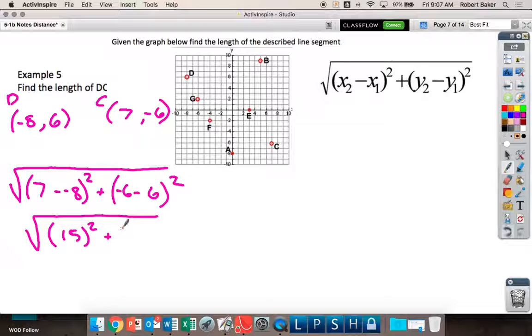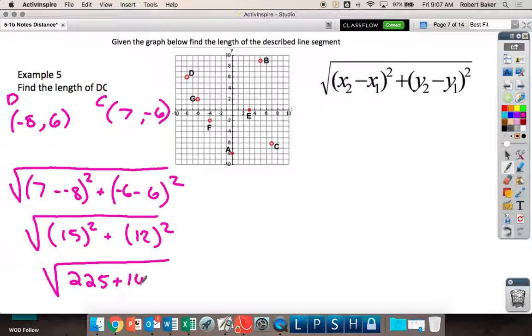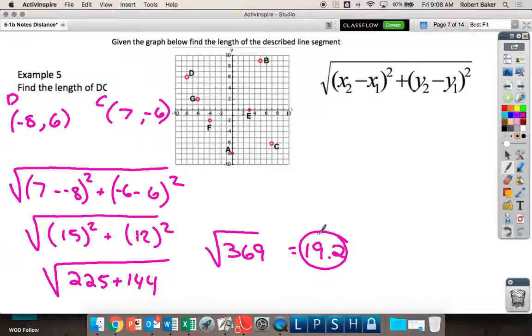Negative 6 minus 6 is 12. 225 plus 144, which would be 369. Then 19. Point two. 19.2.